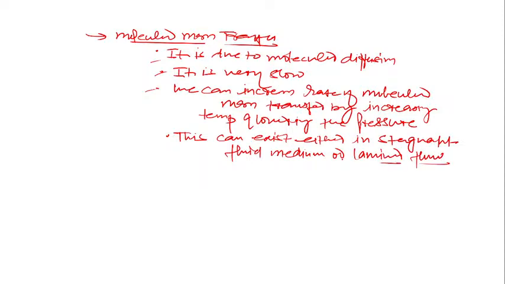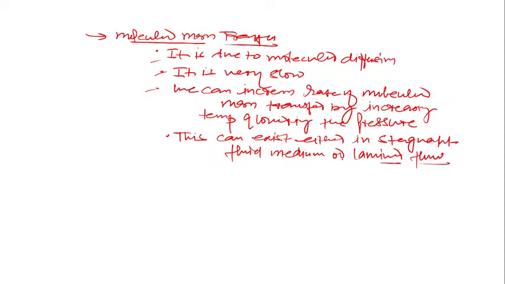This molecular mass transfer phenomenon you can only observe when the fluid is stagnant or when the flow is laminar. In laminar flow, I told you, the momentum transfer is by molecular phenomena, and that's given by Newton's law of viscosity. While in turbulent flow, the momentum transfer is not only by molecular phenomena but also due to eddy diffusion. Eddy will also come into the picture.